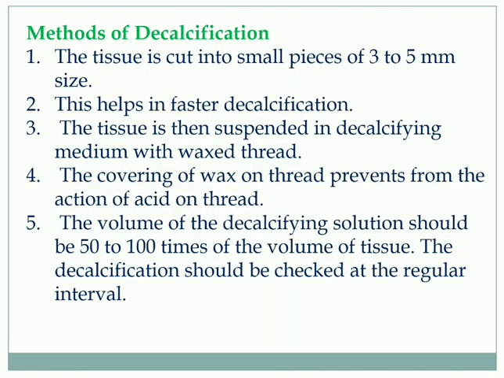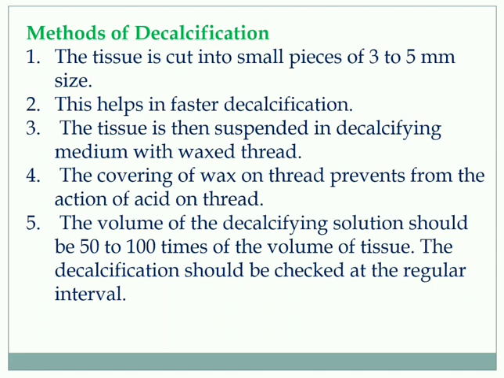Now, the method of decalcification. The tissue is cut into small pieces of 3 to 5 or 2 to 6 mm size. This helps in faster decalcification. The tissue is then suspended in a decalcifying medium with a wax thread or a nylon thread. The wax covering on the thread prevents the action of acid on the thread.